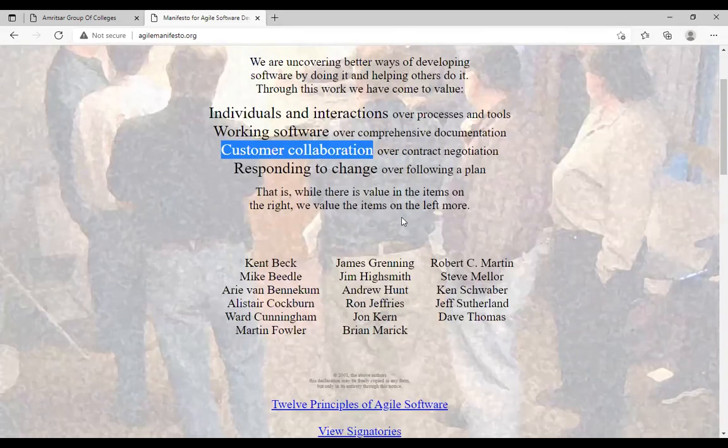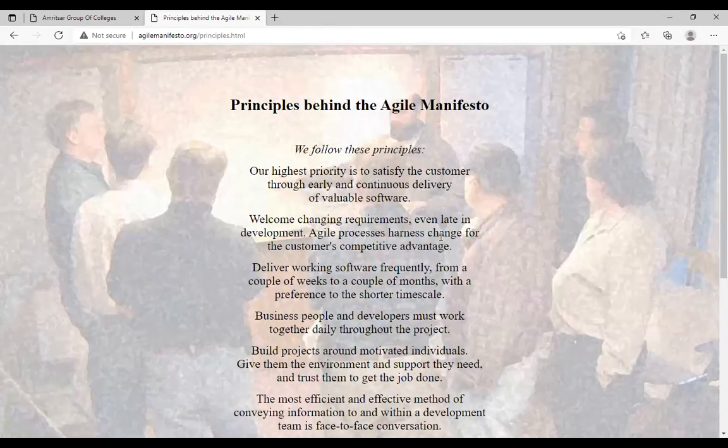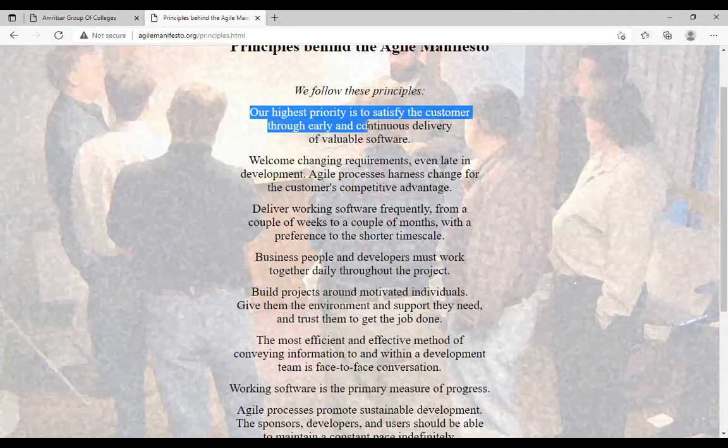These are the 4 values given by the Agile Manifesto. And the 12 principles that have been defined begin with: our highest priority is to satisfy the customer through early and continuous delivery of valuable software. We have discussed what the priority of the agile methodology is.